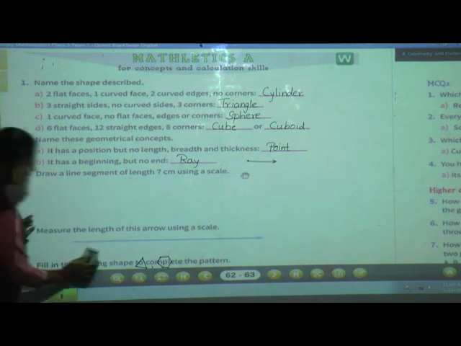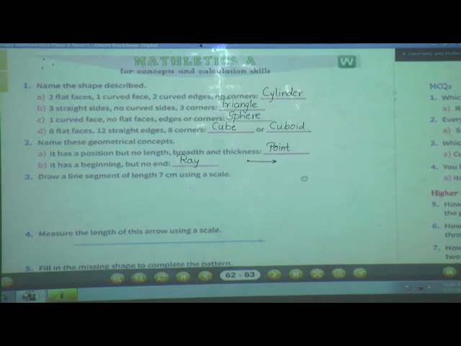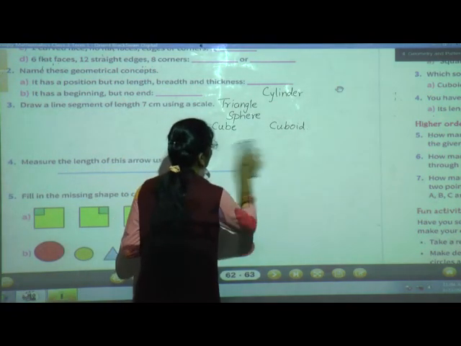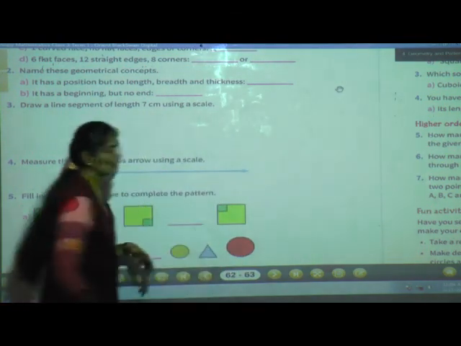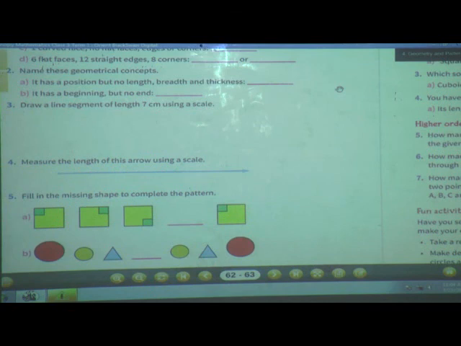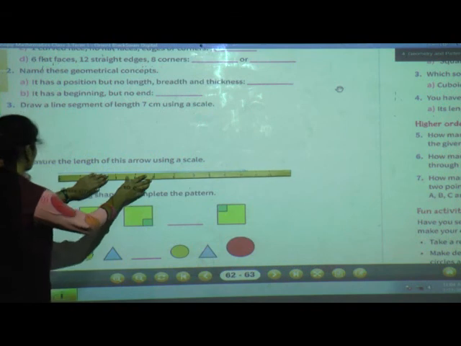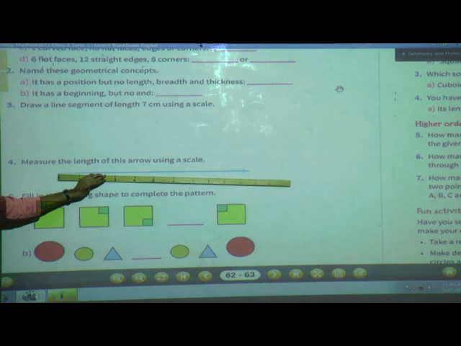Here they have given us a ray or arrow, and we have to measure its length. Take a scale and keep it on that arrow, hold it properly. See students, the first end should be on the 0 mark. Always keep this in your mind.